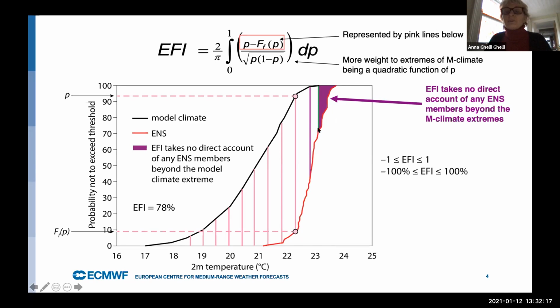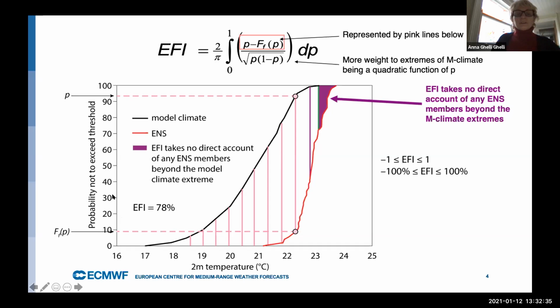So above this one, you still have a few values that are more than 23. And 30% of those values are exceeding the value of 23. Okay, so this is a probability of not exceeding a threshold.